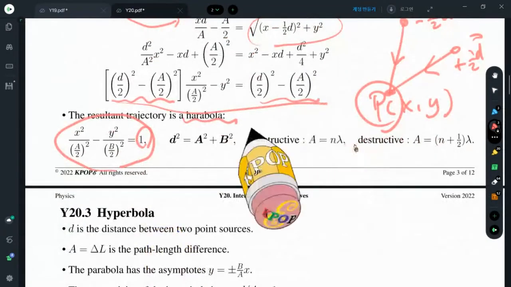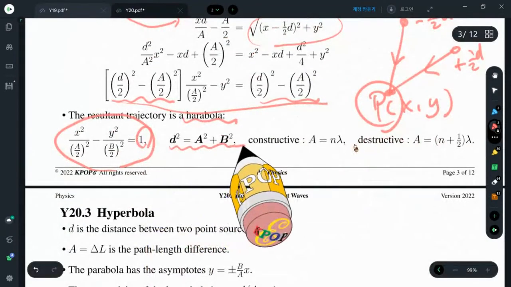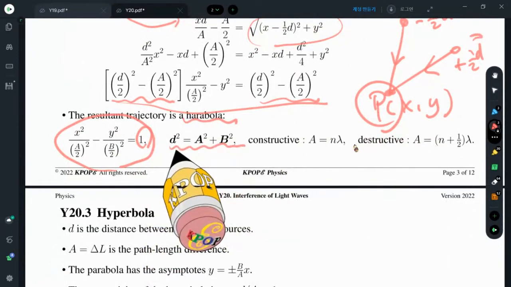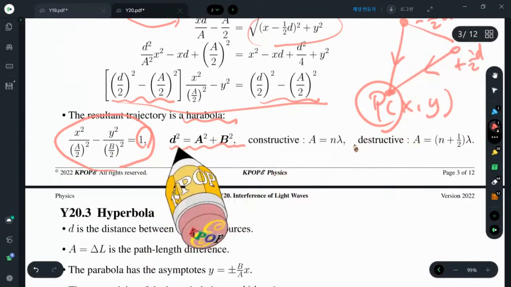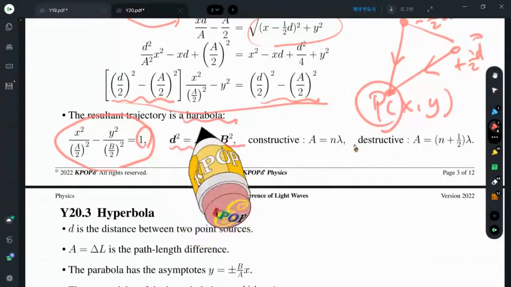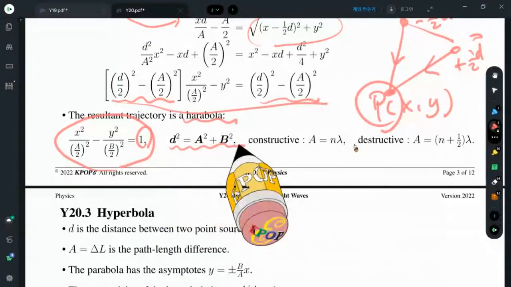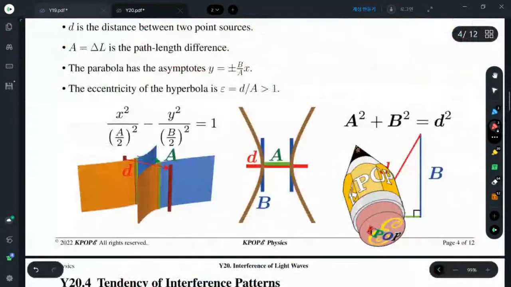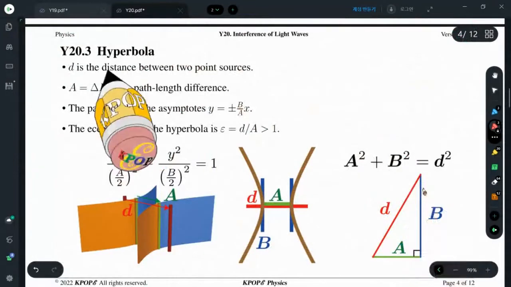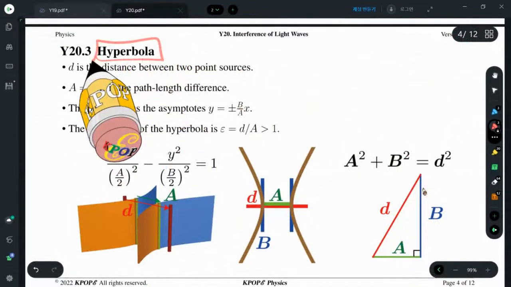Here we have a special condition: the distance d between the two sources squared should be the sum of a squared and b squared. And mathematically, this is a hyperbola.